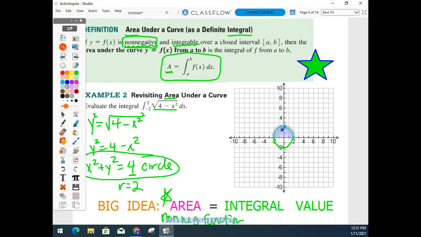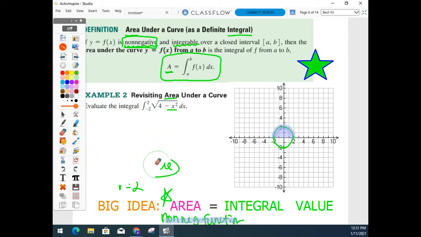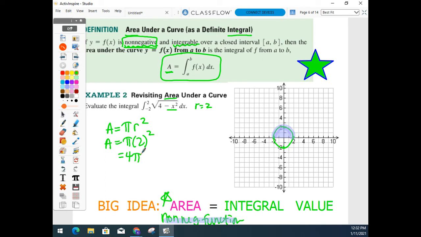Let me erase a little here. So first of all, what is the area of a circle? It's pi r squared. So if the radius is 2, the area of the entire circle is 4 pi. But notice, I just want the top half of the circle. Look at the interval. This interval is very important. -2 to 2.